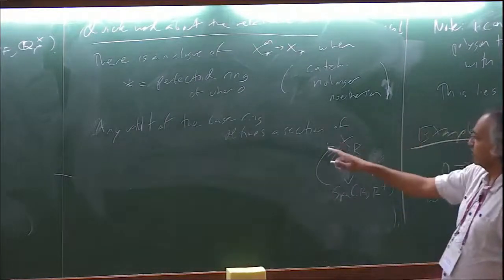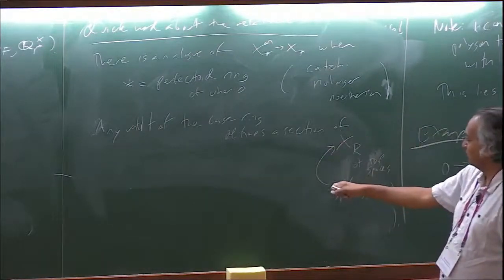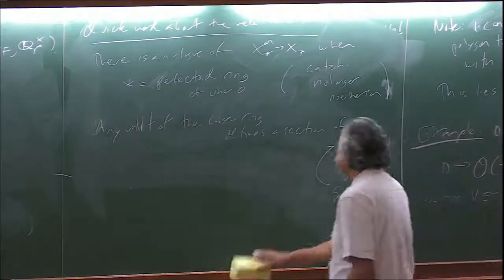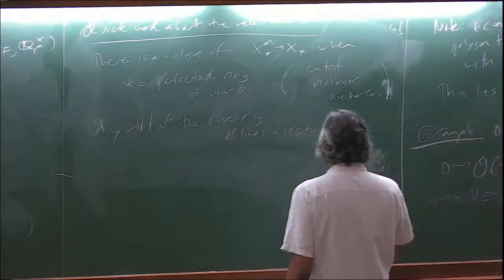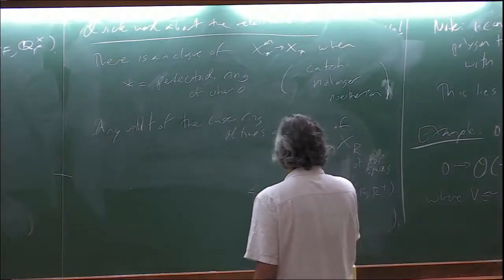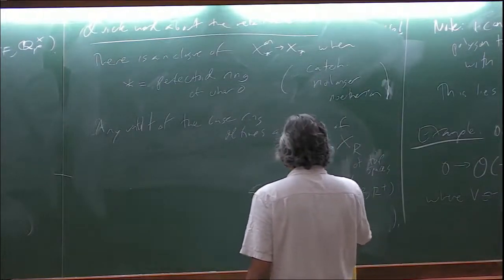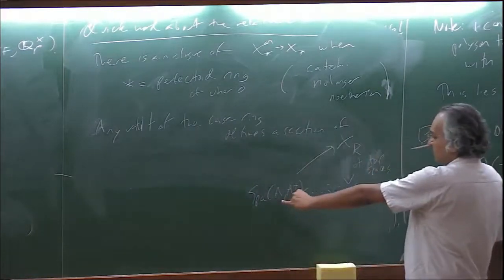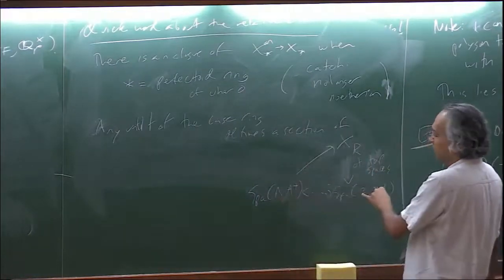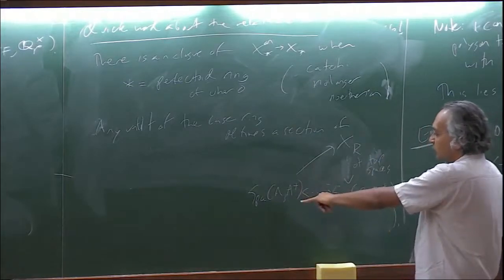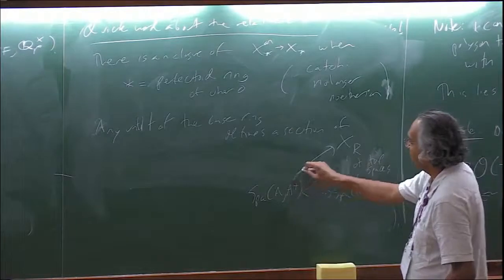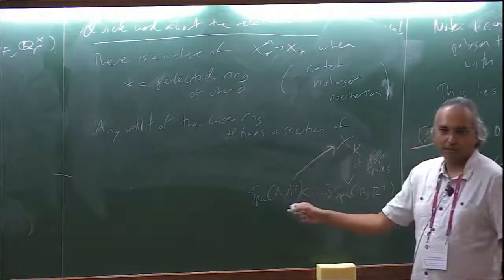And so whenever you have an untilt, it doesn't quite give you a morphism, but what I should say is, if you pick an untilt A, A plus of R, R plus, then these two spaces are homeomorphic. And now there is a section corresponding to this untilt.